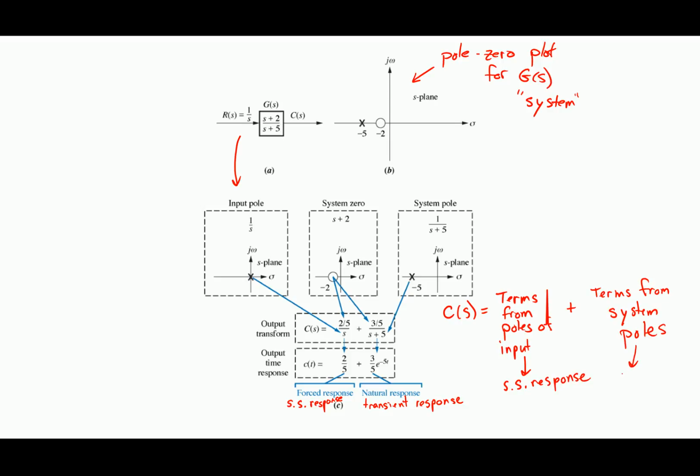The system poles give me the transient response. The transient response of the system is particularly important. Why? Because the only thing that can make the system unstable is if the system poles are such that the system is unstable. This idea is critical to me.